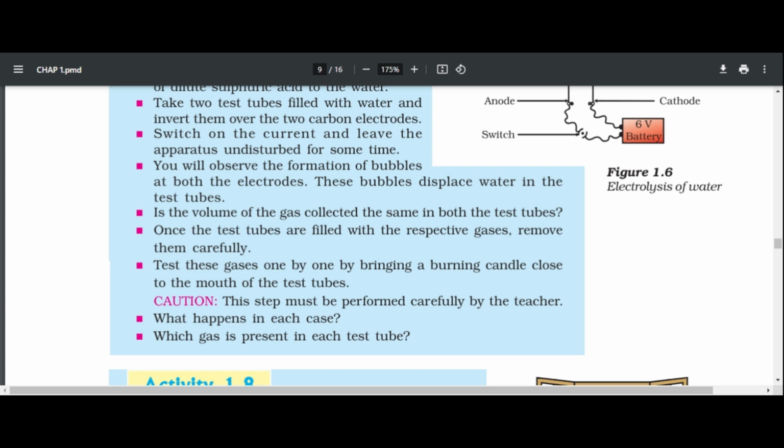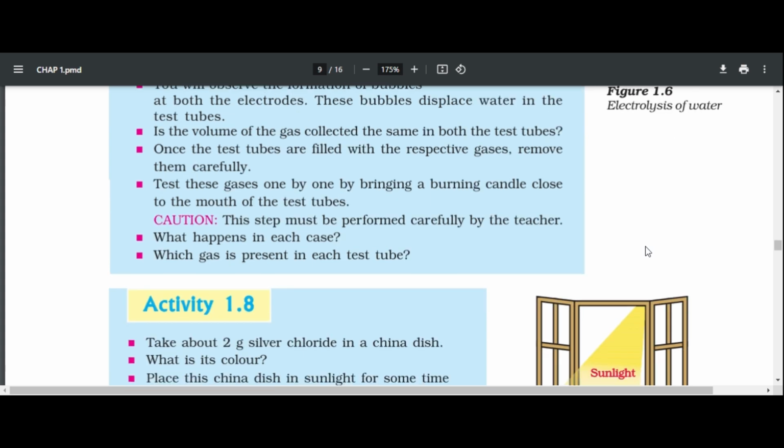Test these one by one by bringing a burning candle close to the mouth of the test tubes. Caution: this step must be performed carefully by the teacher. What happens in this case? Which gas is present in each test tube?